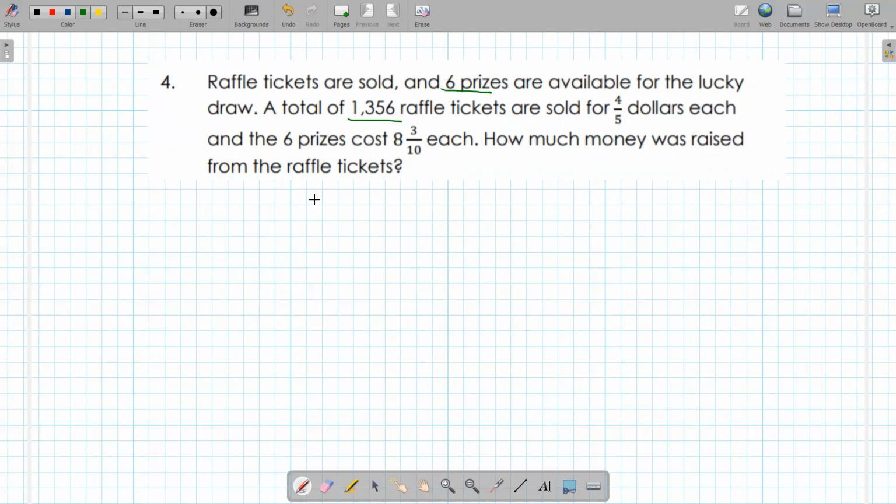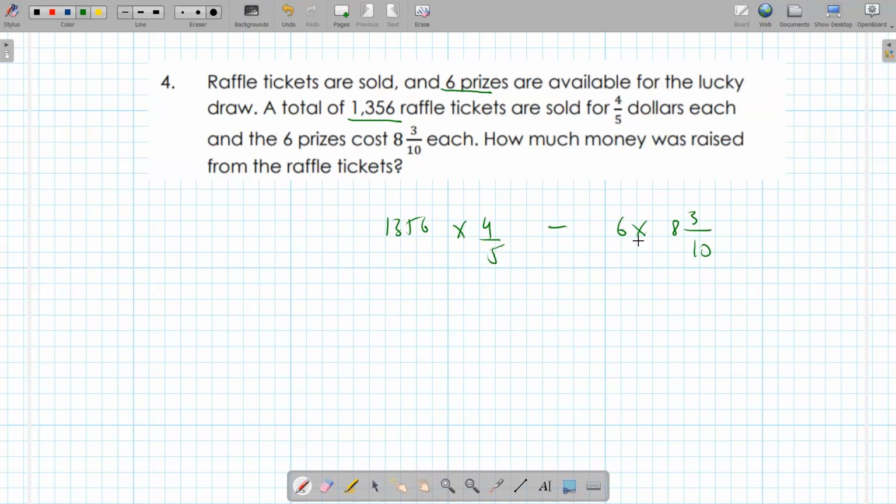So you just do 1,356 times 4, then 6 times 8 and 3/10. Do we add them or subtract them? Well, it's asking how much money was raised from the raffle tickets. You subtract, because they have to pay the winners.